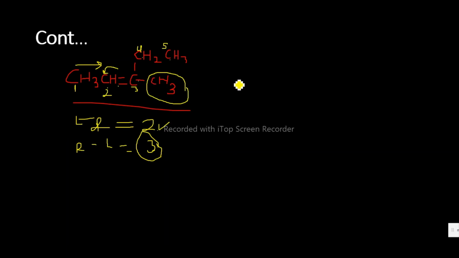So when we are naming, it is 3 first, then a hyphen, then you write methyl, because a methyl group is attached on carbon number 3. Then the parent chain is 5 carbons, and 5 is named as pent. You remember the pentagon in P7? Yes, 5 is named as pent.